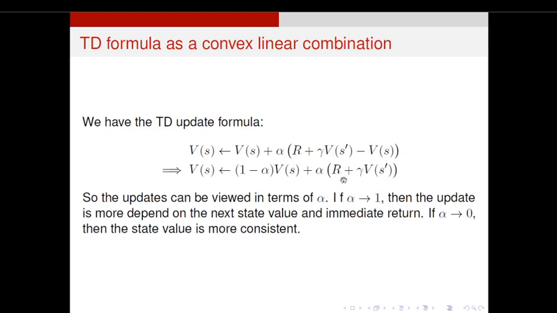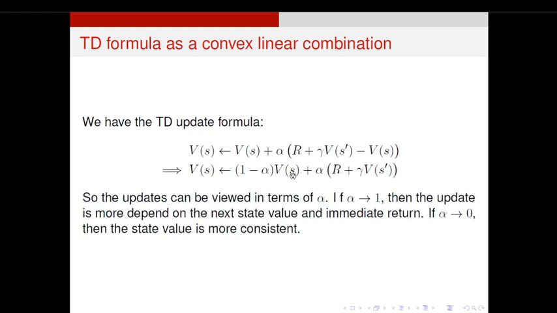It is a combination of 1 minus alpha and alpha, a convex linear combination of V(S) and R plus gamma V(S'). In terms of algebra, V(S) and R plus gamma V(S') are the important variables. This 1 minus alpha is obtained from alpha, which is our learning rate.